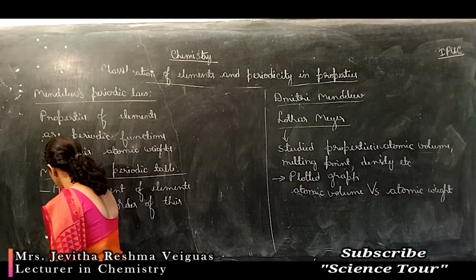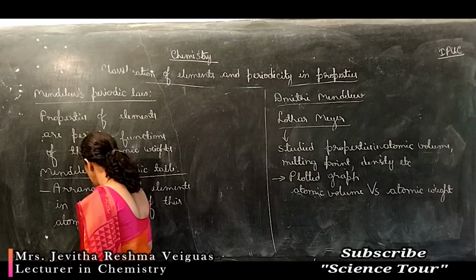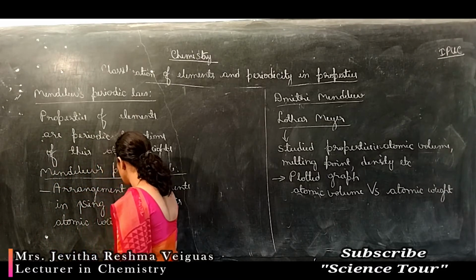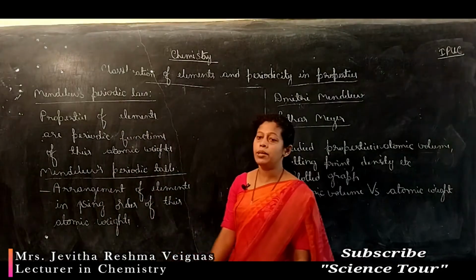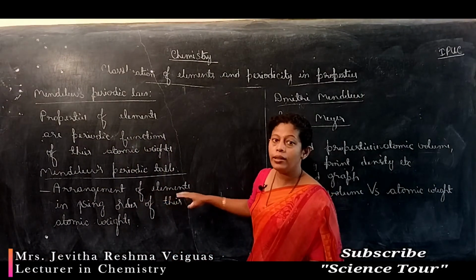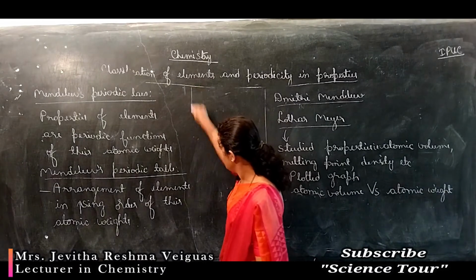When he formulated the periodic table, he had only 63 elements. Those 63 elements he arranged in the increasing order of their atomic weights.